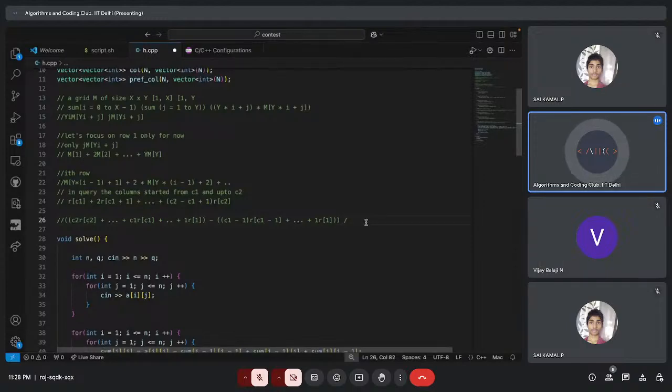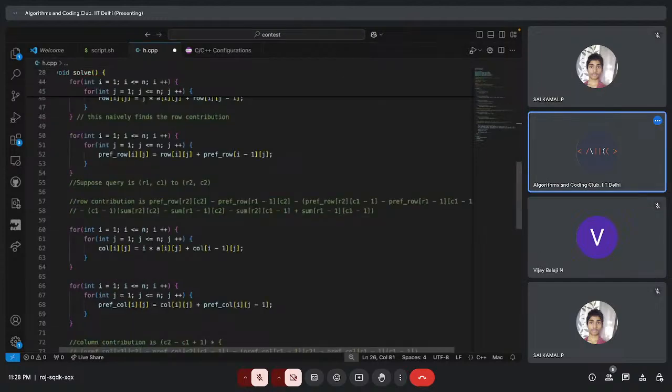and this is finally subtracted with C1 minus 1 times the sum of just simply the row elements up to C1. So we are calculating terms of this form to get the row contribution for the subgrid.